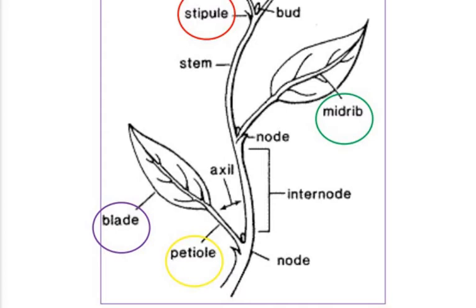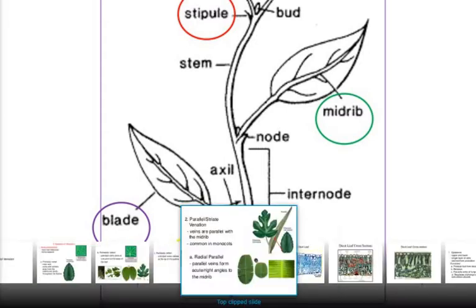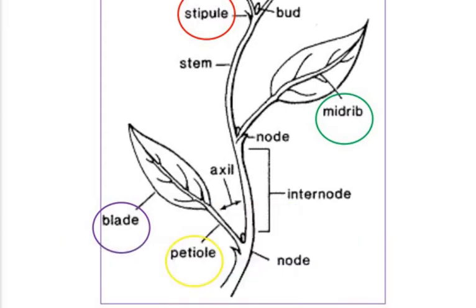And below the leaf you can see an outgrowth, and this is called a stipule. The leaf-like region subtending a leaf is called a stipule, and there's a bud, which is the growing primordia, and this is the axil, and this is the leaf.